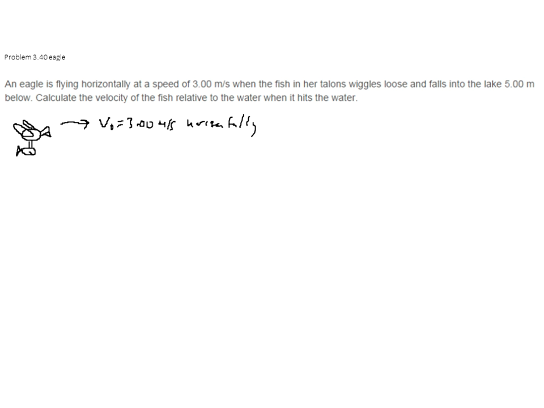So because the bird is flying that way, that means the fish has an initial velocity of 3 meters per second.